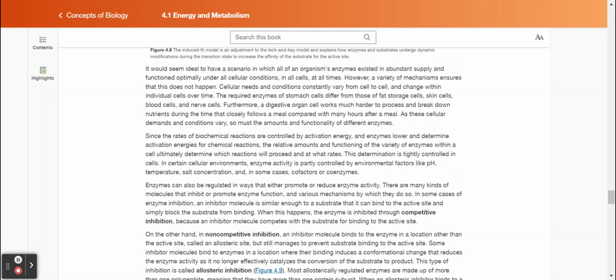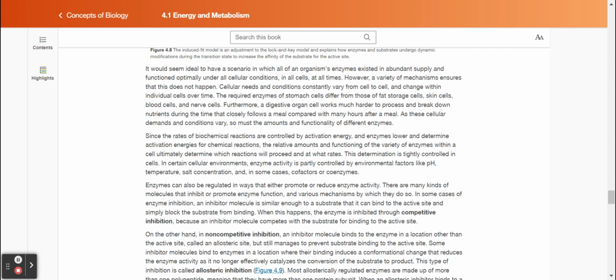It would seem ideal to have a scenario in which all of an organism's enzymes existed in abundant supply and functioned optimally under all cellular conditions in all cells at all times. However, a variety of mechanisms ensures that this does not happen. Cellular needs and conditions constantly vary from cell to cell and change within individual cells over time.